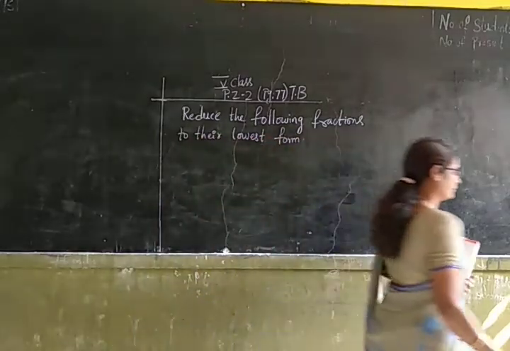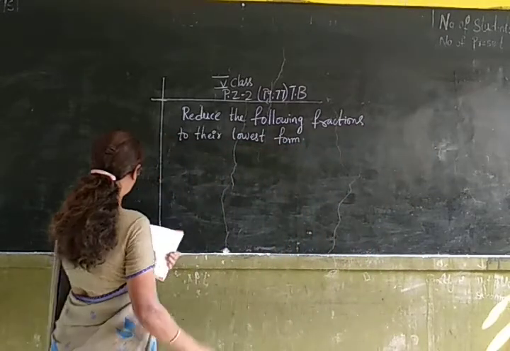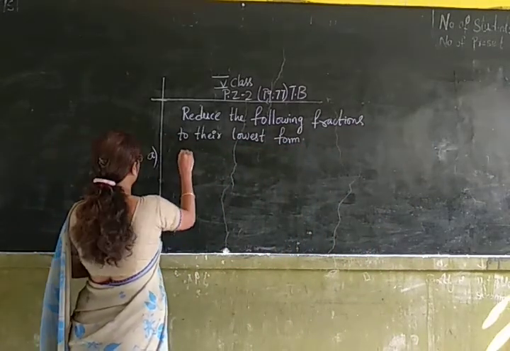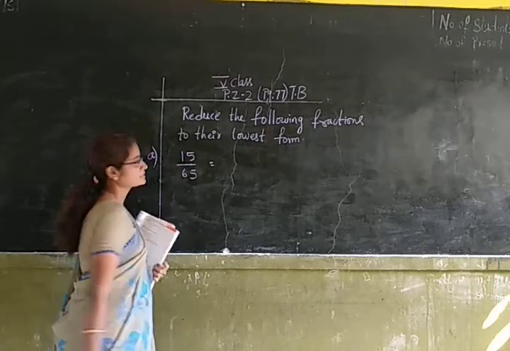Okay children? Let us do the sum. 15 by 65.